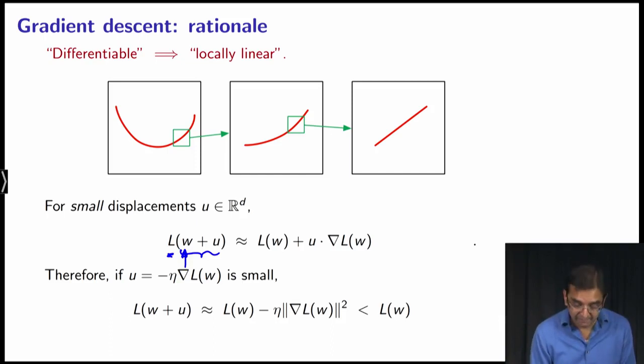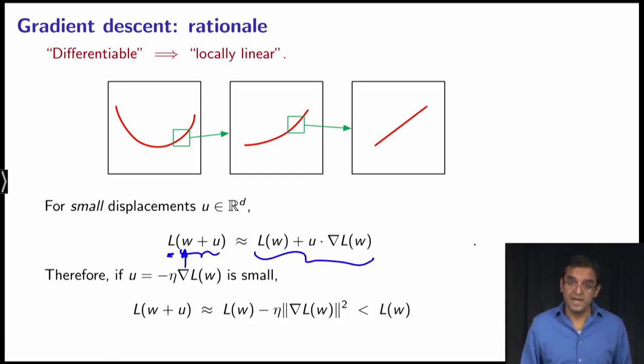And in fact, this is what it looks like. The value of L at W plus U is given by the value at W plus U dot product with the derivative of L at W. This is linear, and the derivative gives us this linear approximation.